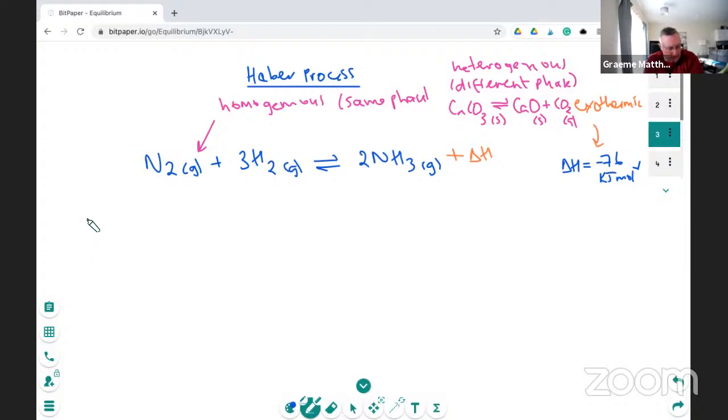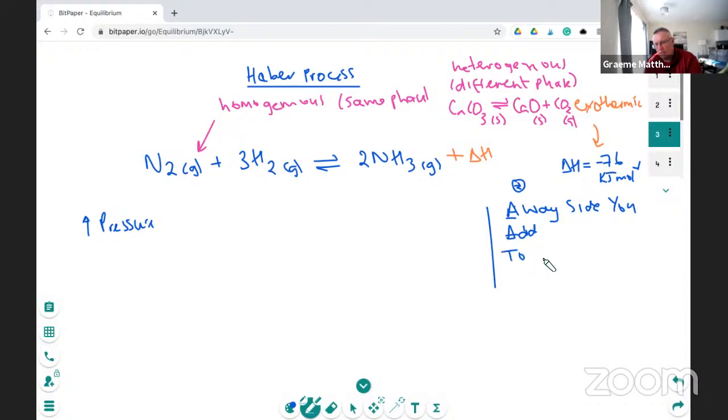So the very first thing they're going to say is, what happens if you increase the pressure? Now, this is how I teach it. Le Chatelier's principle in a nutshell: the equilibrium moves away from the side you add to, and for my A-level English people, alliteration, the A and the A add up, or toward the side you take away from.